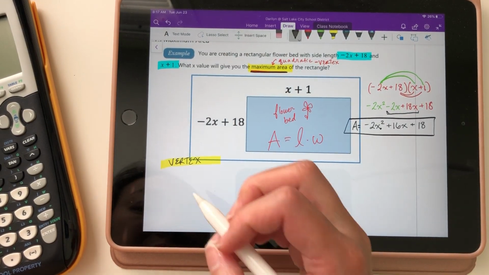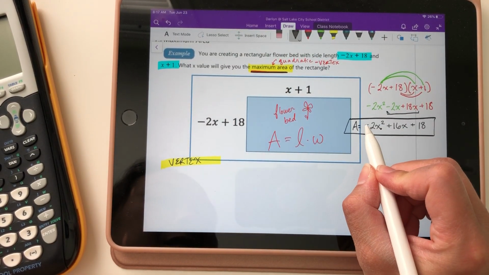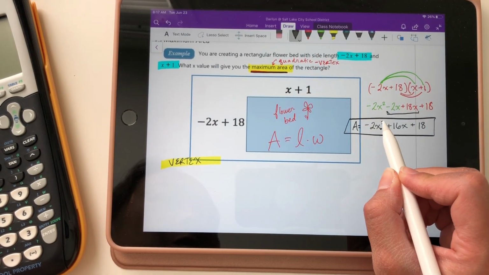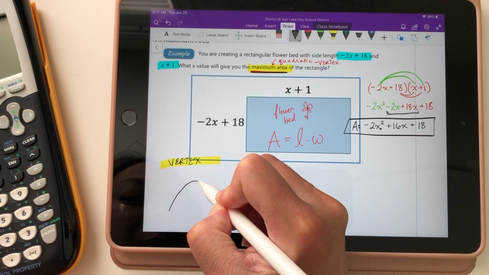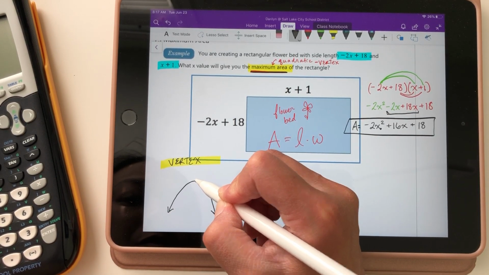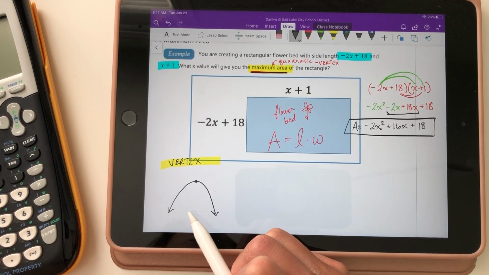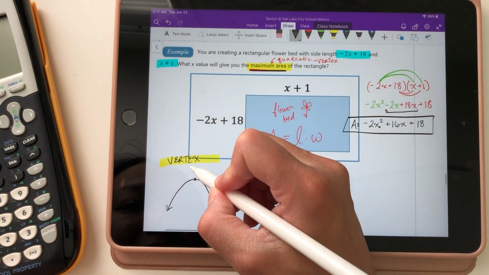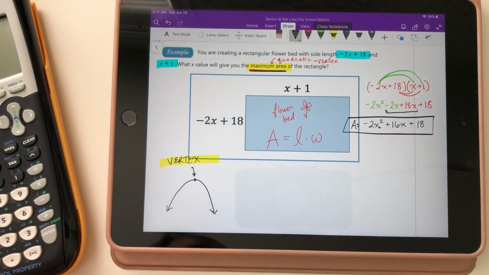And what is the vertex? So I noticed that this is a negative quadratic. See how there's a negative in front of the x squared term? That means it's going to be a frowny, because frowny people or negative people frown. So it's going to be a frowny, and the vertex, I also call it the nipple. The vertex is the highest point right there.